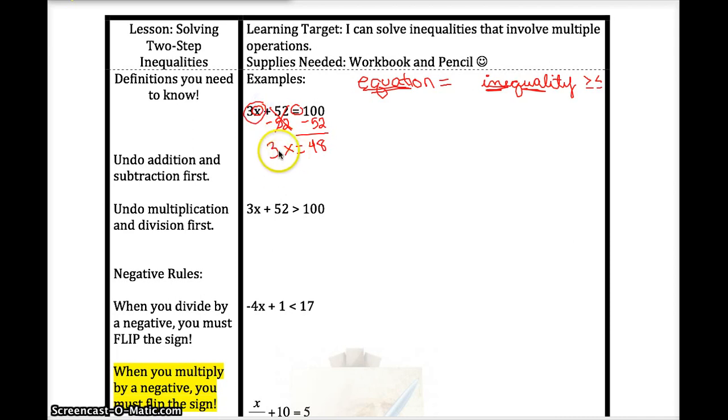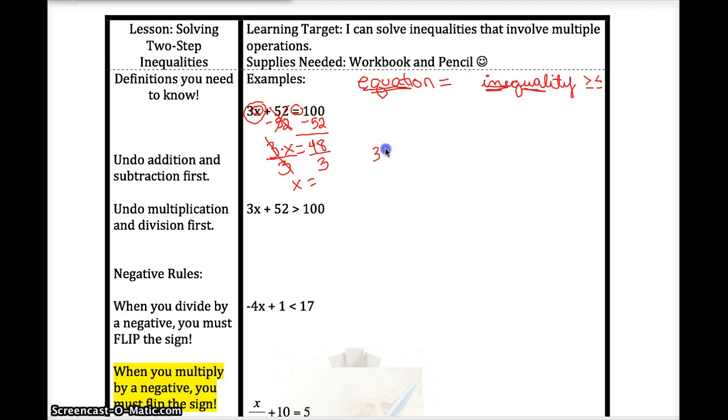Then we take 3x, and right here, this is multiplying 3 times x, so we undo the multiplication right now. We undo multiplication by dividing. So 3 divided by 3 is 1. We don't need that anymore. And then whatever we do to one side, we have to do to the other. So x equals 48 divided by 3, or you can reduce that to x equals, I believe it's 16.